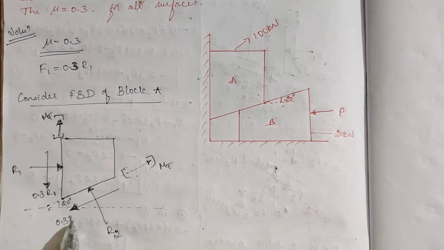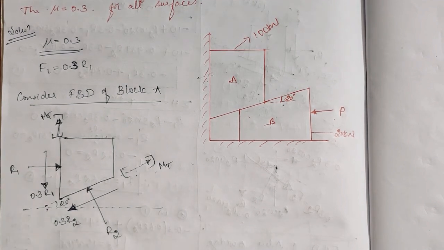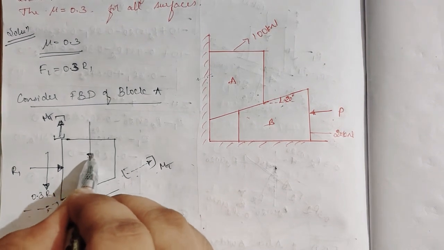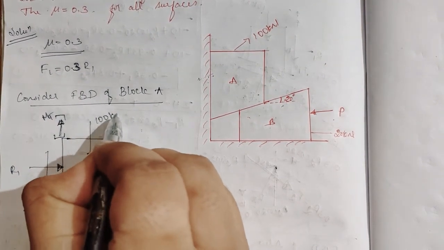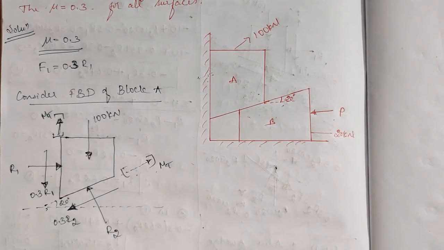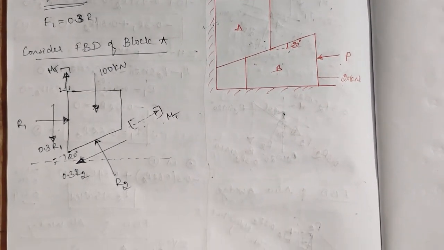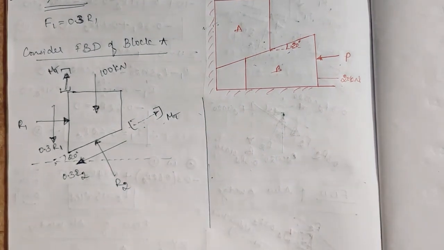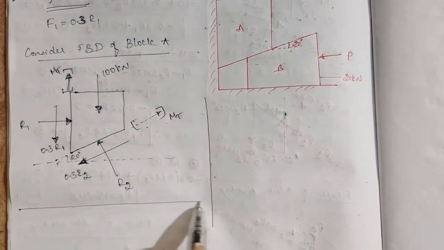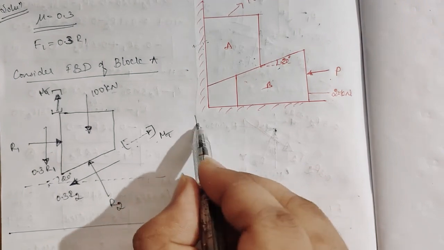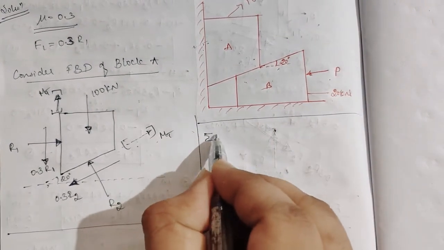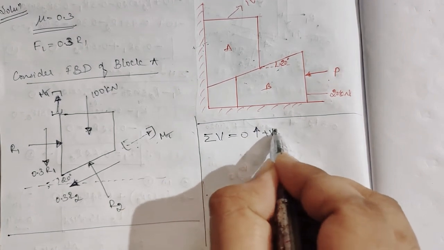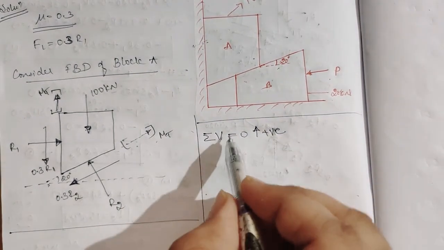So this is 0.3 R2. The weight given is 100 kilonewton. Now we will calculate by the equilibrium of force concept. As we took in the last class, summation of V is equal to 0, taking upward as positive.